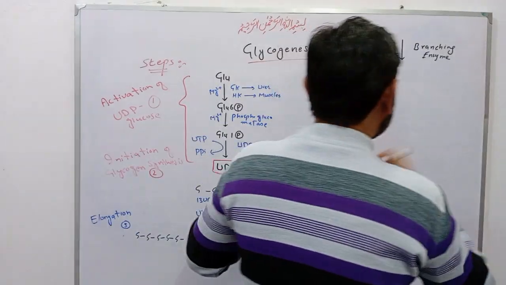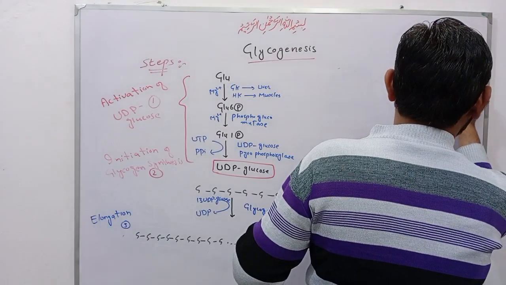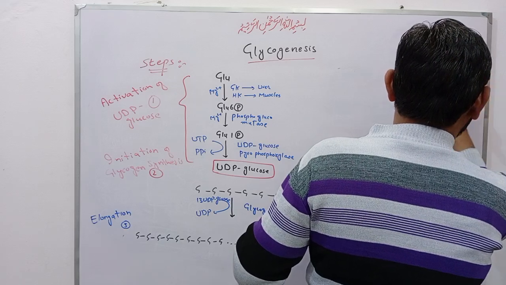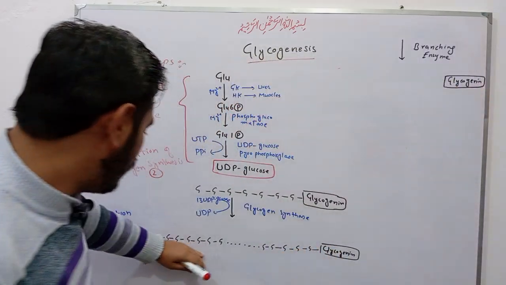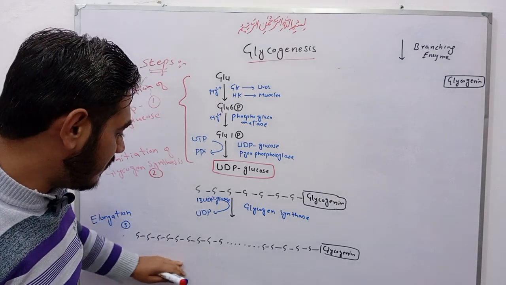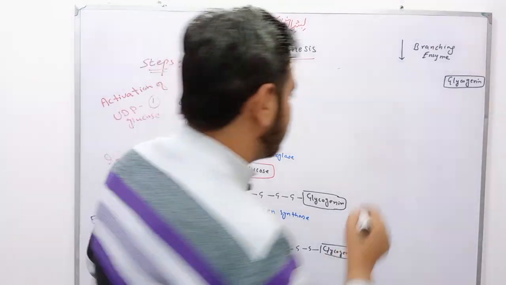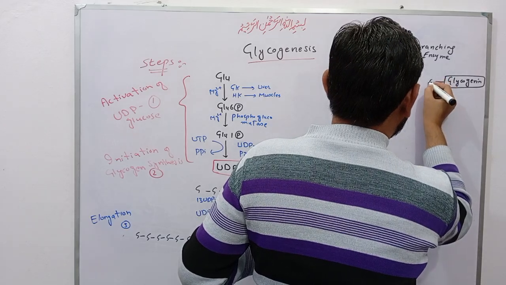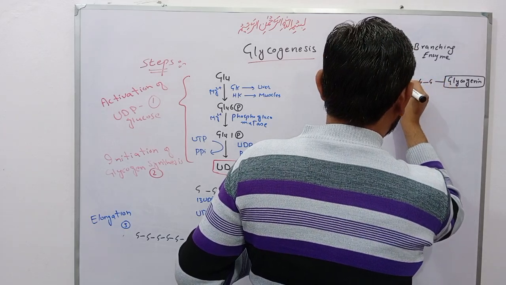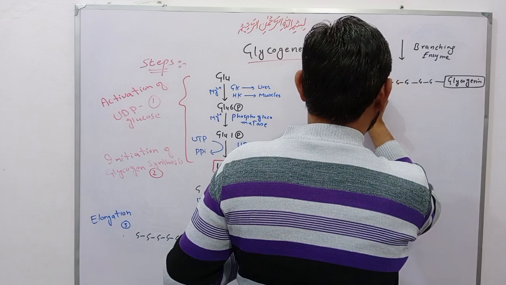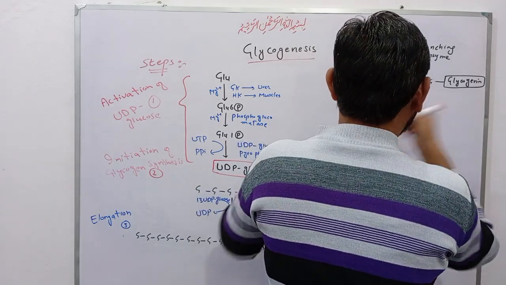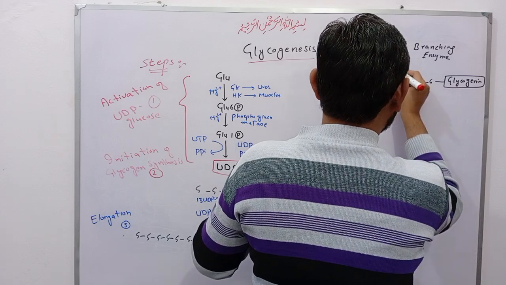Now here there is a glycogen. 6 to 8 glucose molecules get detached from here and get attached to another point. This is glucose.